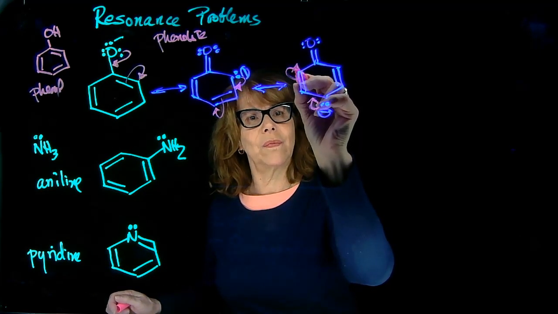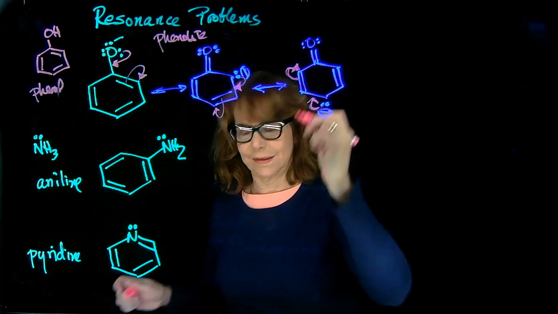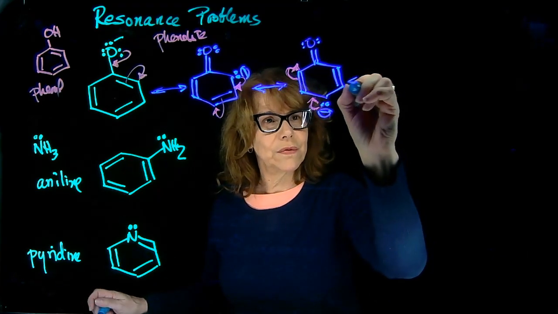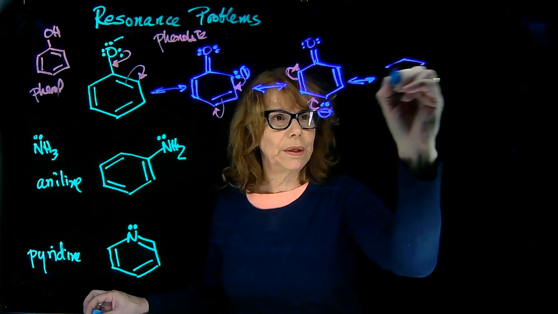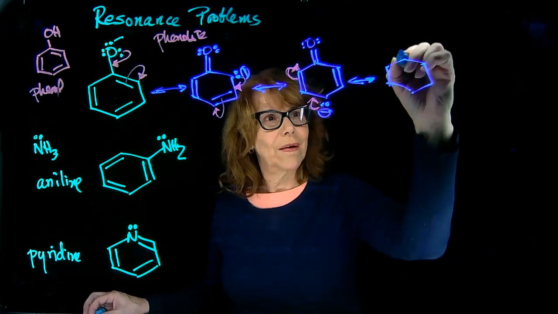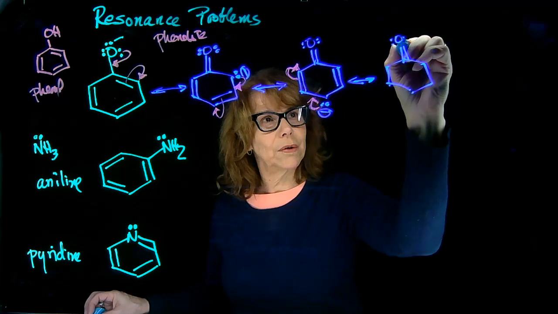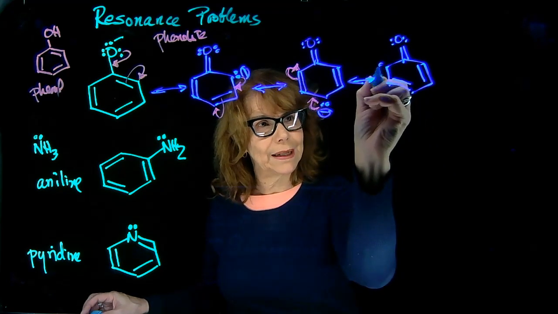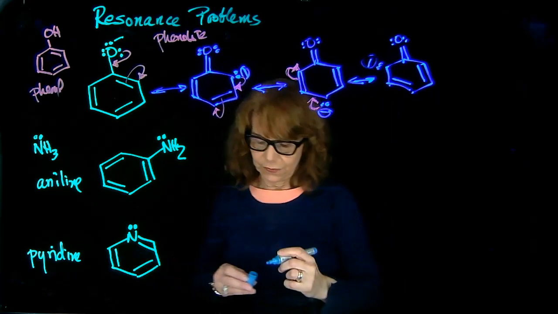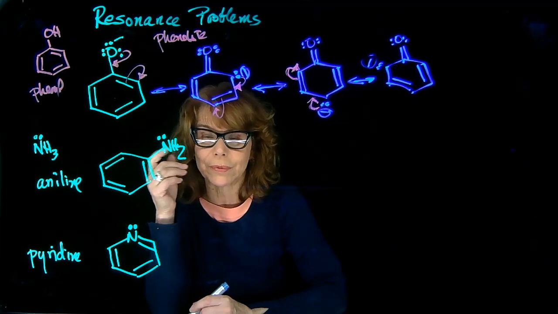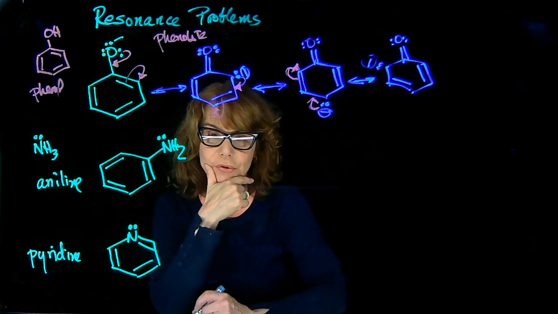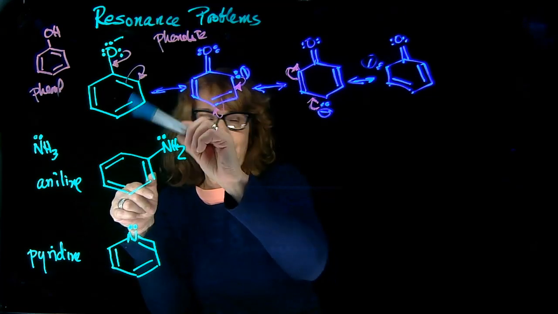Now I need to localize the electrons at that carbon. So the next structure is going to have a double bond here, and I'll have a lone pair here. In regards to the hybrid, let's see how these structures contribute. In all of the structures, the octet is complete everywhere.